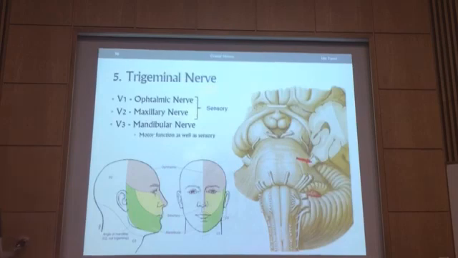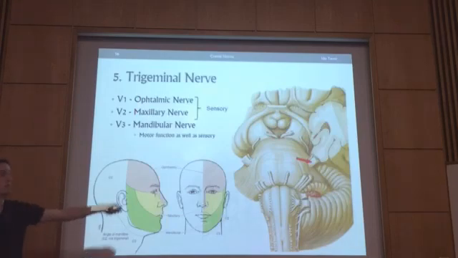And you're already familiar with the names of the bones of the skull, right? So there's the ophthalmic, maxillary, and mandibular. Okay? So these are the three parts of the trigeminal. This is why it's called the trigeminal. We can see the three different parts, and each one of them brings sensation from a different part of the skull.